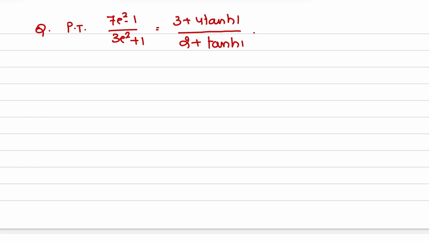Now in this case, we will start with the definitions of hyperbolic functions and go with the right hand side, and we prove that the right hand side is equal to the left hand side.